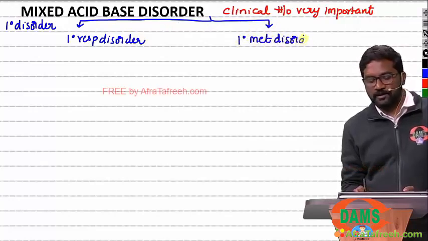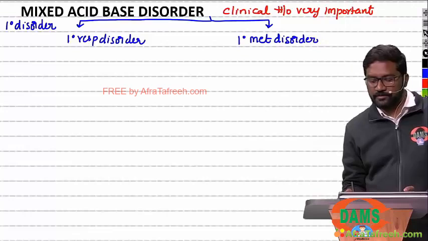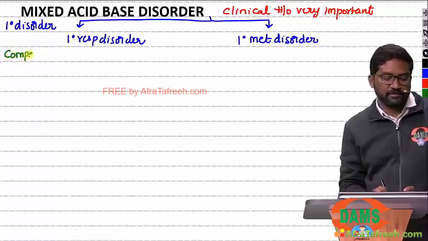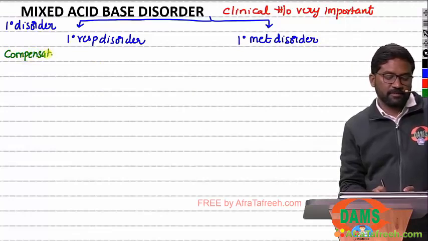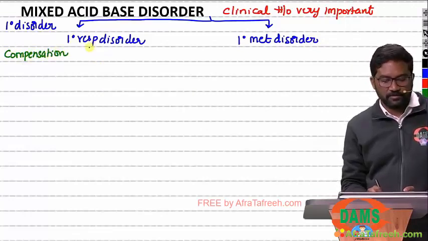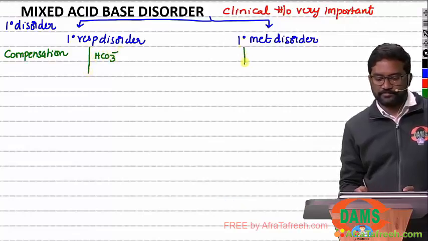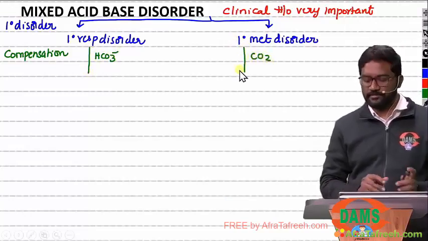After identifying the primary disorder, next is compensation. If it is a primary respiratory disorder, what compensation will you calculate? For a metabolic disorder, we calculate respiratory compensation.